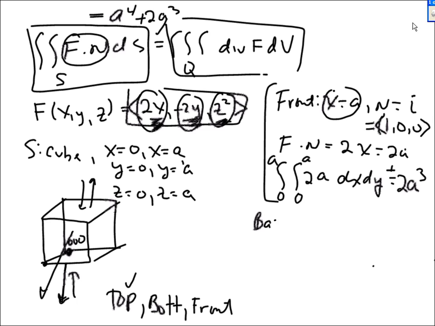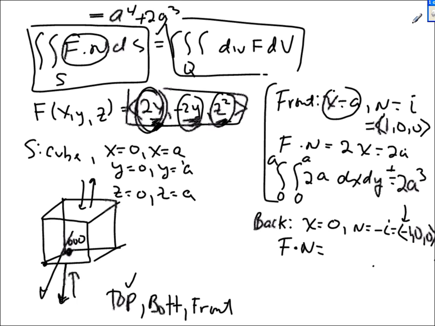The back: you're going to have x equals 0 in the back, and n would be negative i, that is, negative 1, 0, 0. So F dot n is just negative 1 times 2x.